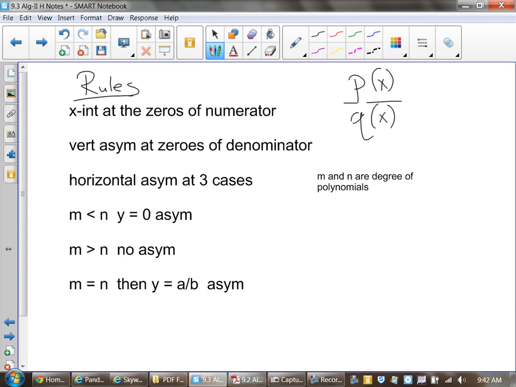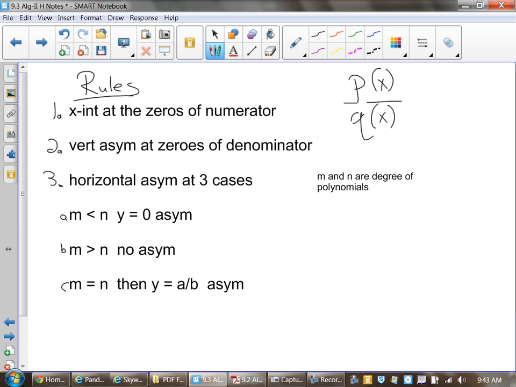Remember, where P and Q are both functions. Yeah, this is something you're going to have to know. So what happens here are basically these three things.